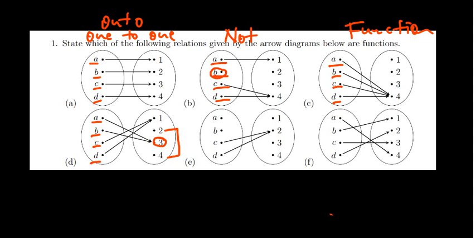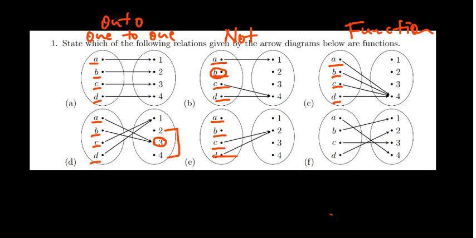And then we'll go to E. Observe A, B, C, D. So the basic definition of a function, I was saying every input value should have an output, right? So in this case, A and B don't have outputs. So it is not a function.